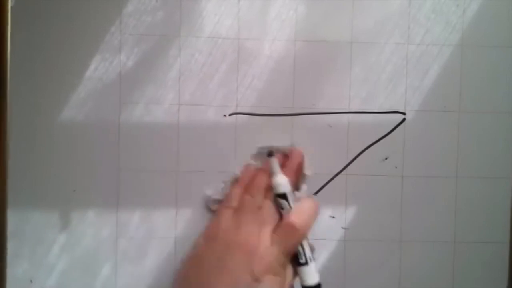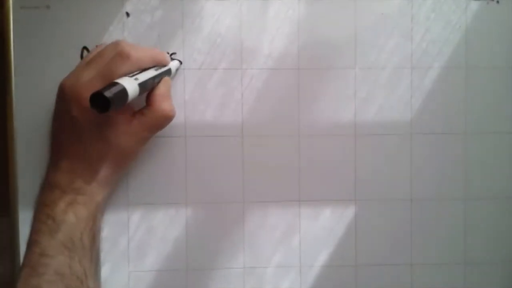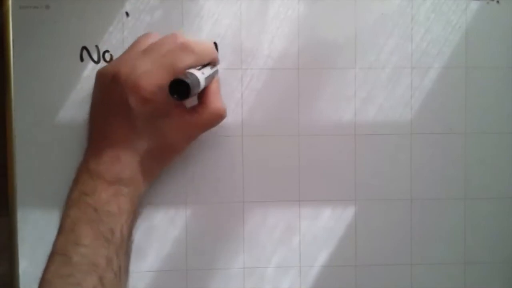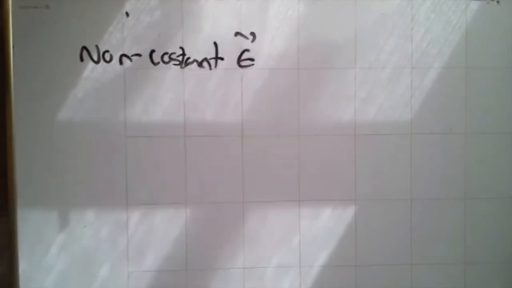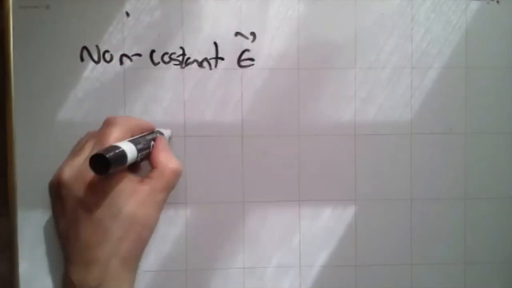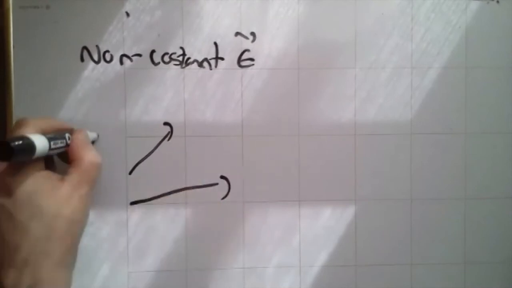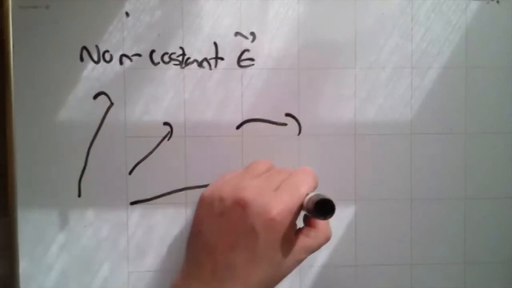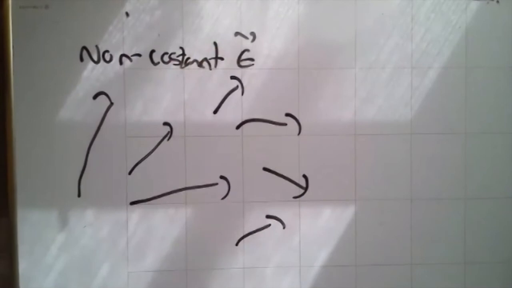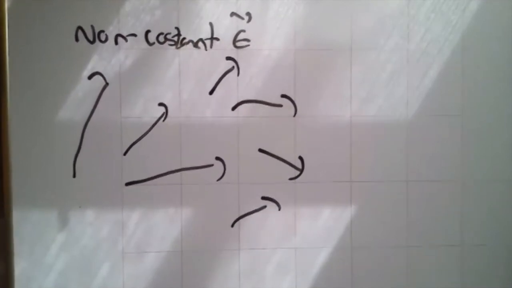Okay, we could take that up a level. This is our most general case. What if we have a non-constant E? So I've got some E field here. Maybe it's pointing in all different directions, different magnitudes.